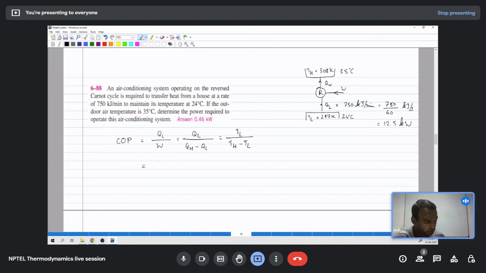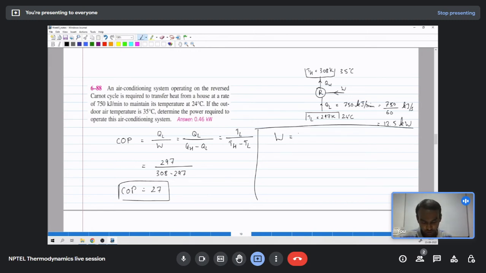So COP is 297 divided by 308 minus 297. So this is 27. Now to calculate W, we have QL divided by COP.